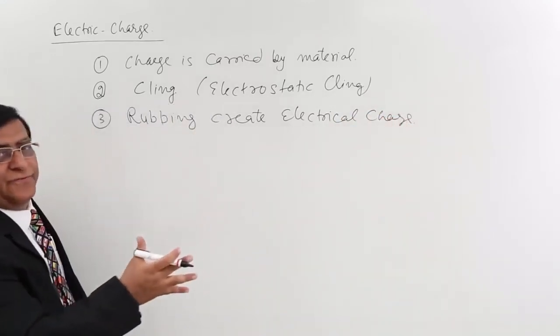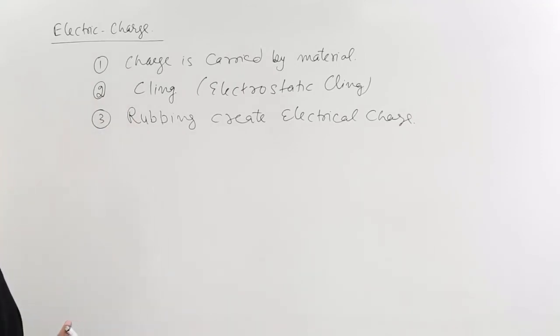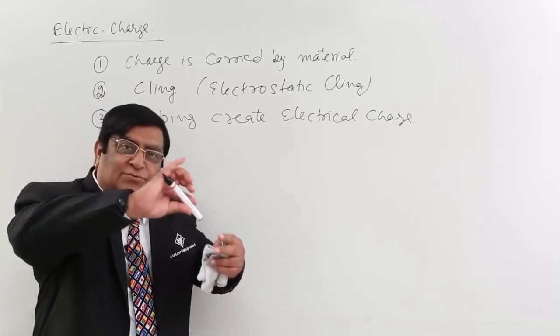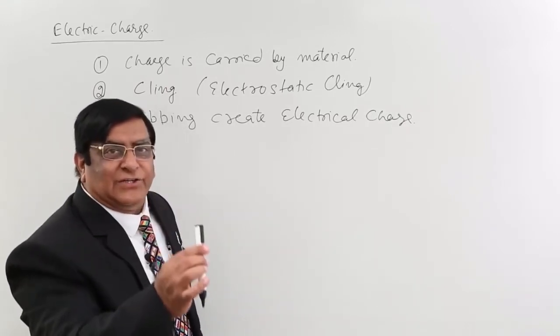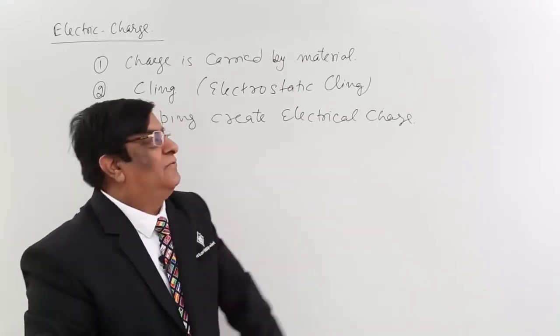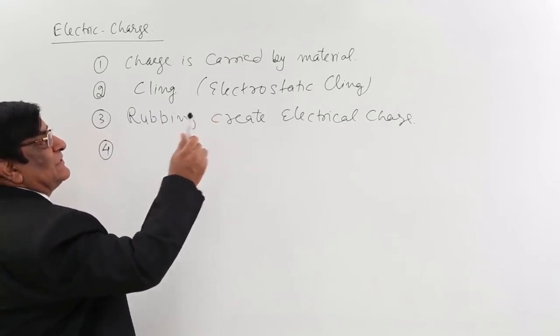Okay, you can make notes of it. Rubbing creates electrical charge, and when we rub it, it has got a power to attract, it has got electric charge, and in one word, we will say that we have electrified this.